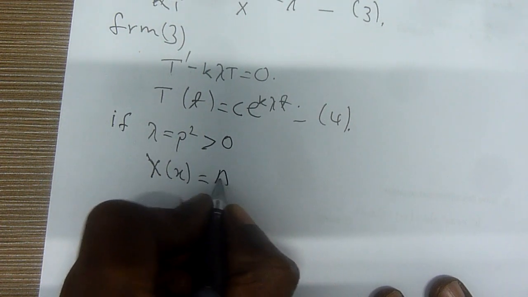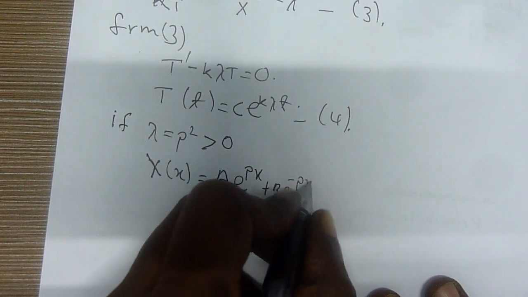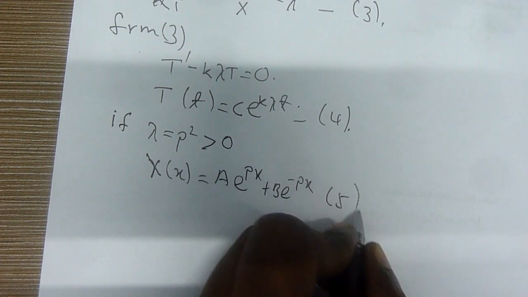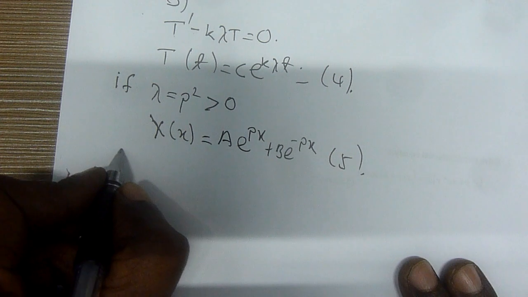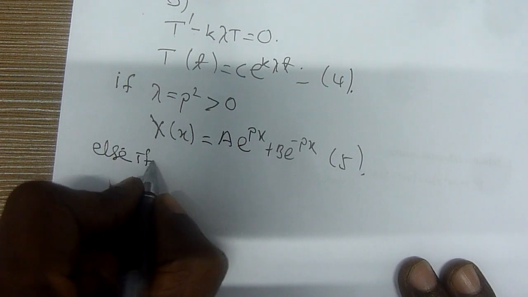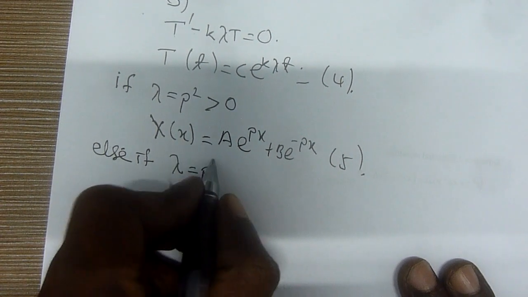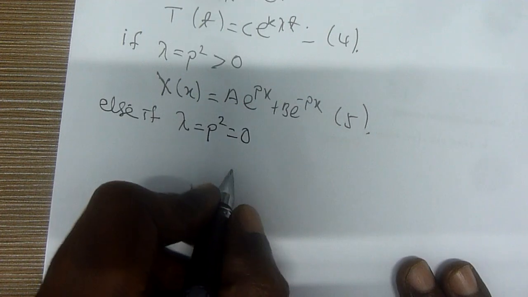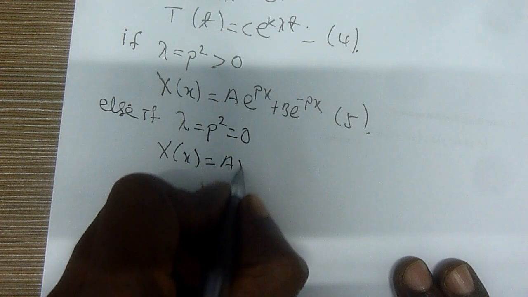You will get X equals A e^(px) plus B e^(-px). This could be number 5. Else if lambda equals p squared equals 0, you will get X equals ax plus b.